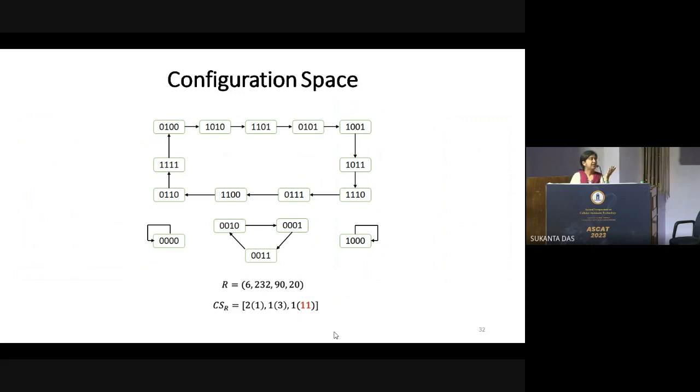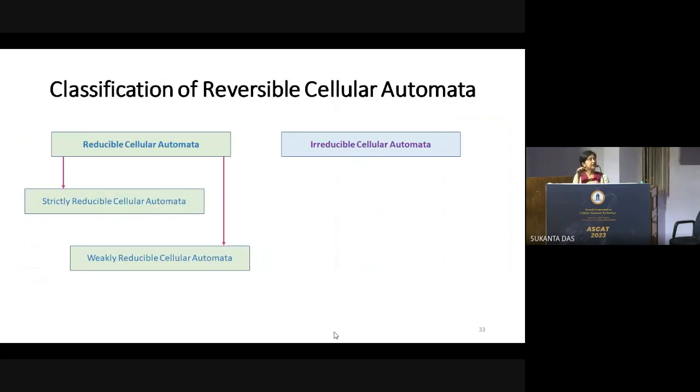So definitely we cannot decompose it. Depending on this concept, we categorize cellular automata broadly into two categories: reducible cellular automata and irreducible cellular automata. In reducible cellular automata, the cycle structure can be decomposed, whereas in irreducible it can't.